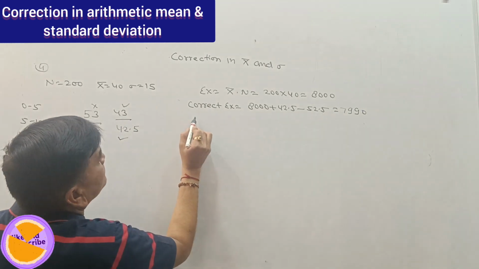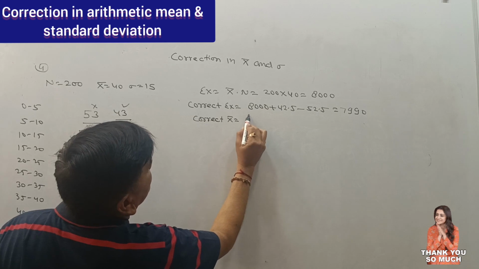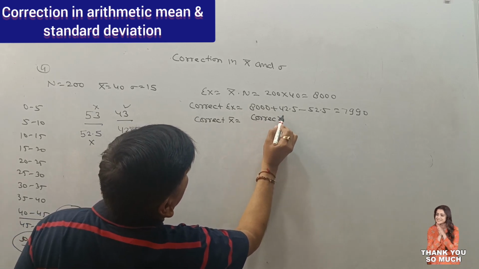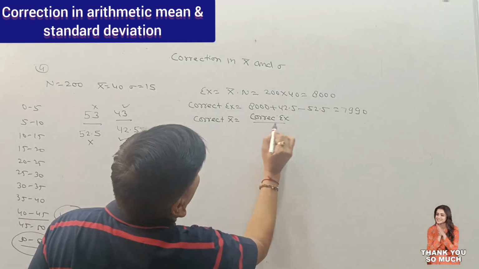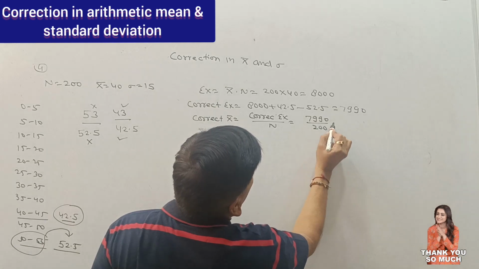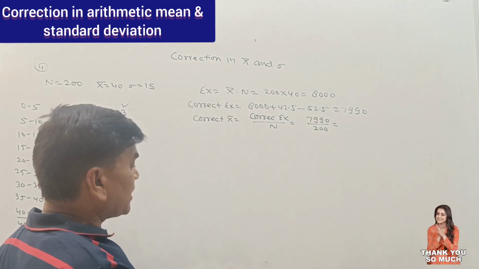Correct x bar is correct sigma x divided by n, 7990 divided by 200, which is 39.95.